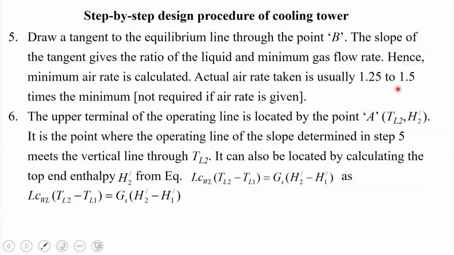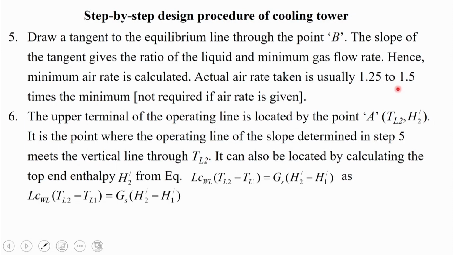The slope of the tangent gives the ratio of the liquid and minimum gas flow rate. Hence the minimum air rate is calculated, but the actual air rate is usually taken as 1.25 to 1.5 times the minimum. If it is already supplied by the manufacturer or the vendor, then I think it is not required.